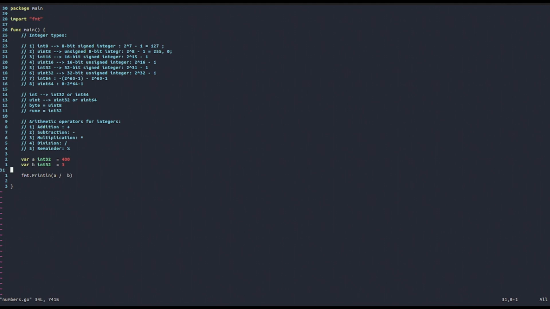If you come from C, you're already familiar with this concept. If not, then I'll explain it briefly. But here, the division operator in Golang does not represent actual division, but it represents integer division. That means that it returns the quotient between two integers.